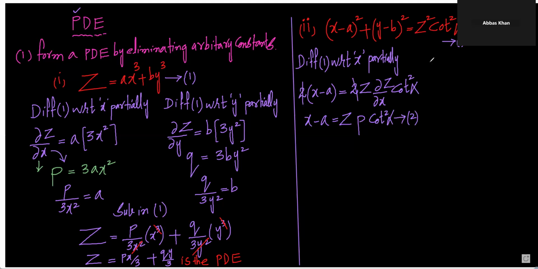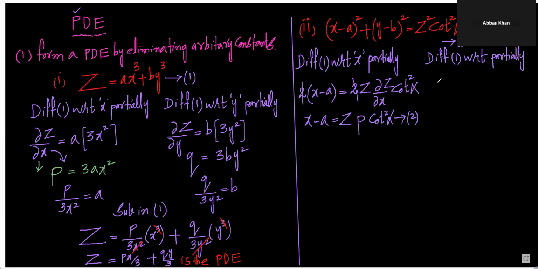Understood? Same story here. Differentiate the same equation number 1 with respect to y partially. You are alone here, do not wait for others to give the answer. You have to give the answer so that I can move on.